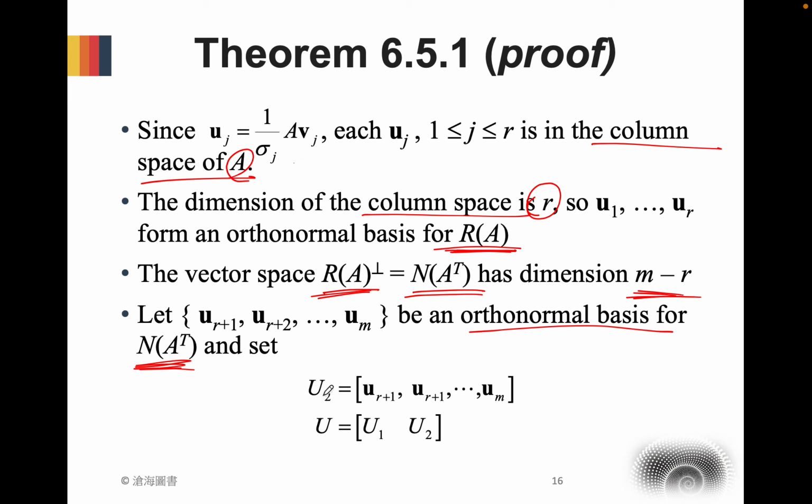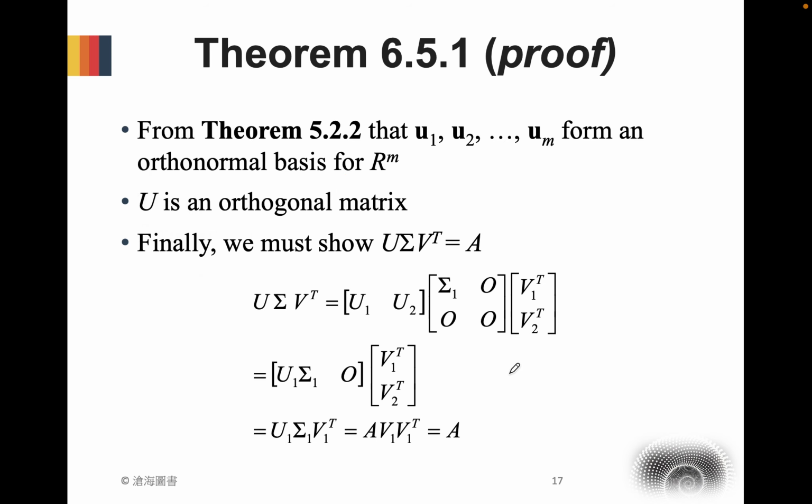Then we define U2 as the last M minus R vectors. Okay? And then we constitute the matrix U by U1 and U2. So from theorem 5.2.2, U1, U2 to UM form an orthonormal basis for Rm. You can check this again. And again, we can see that U is an orthogonal matrix.